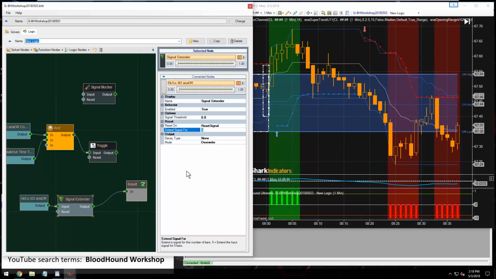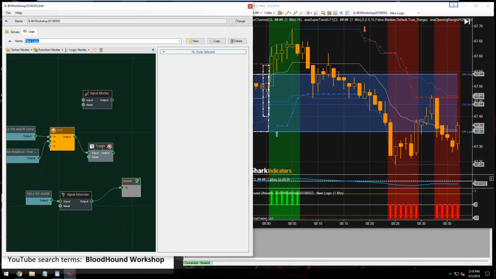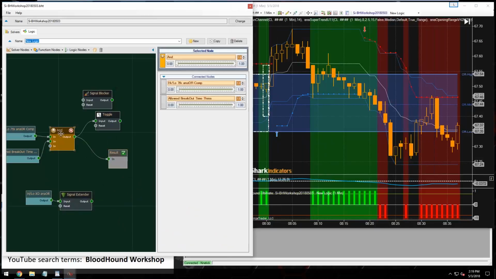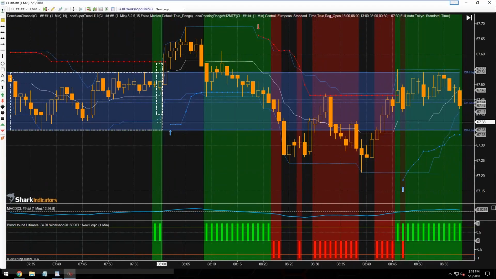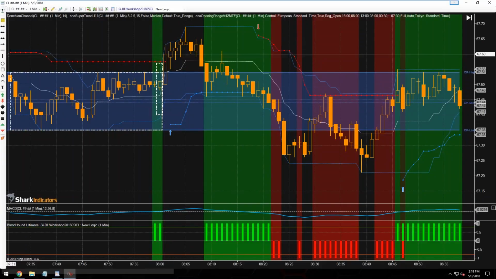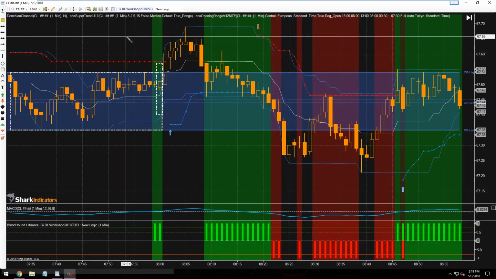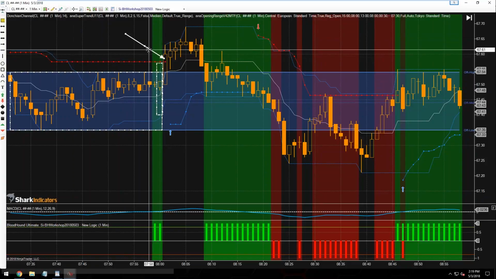Now I have to figure out how many bars I'm going to extend for. I need to figure out how many bars after the opening range.